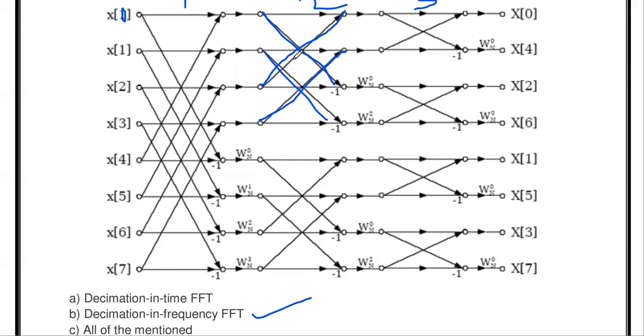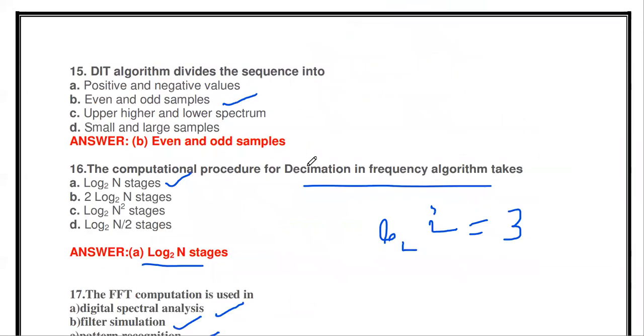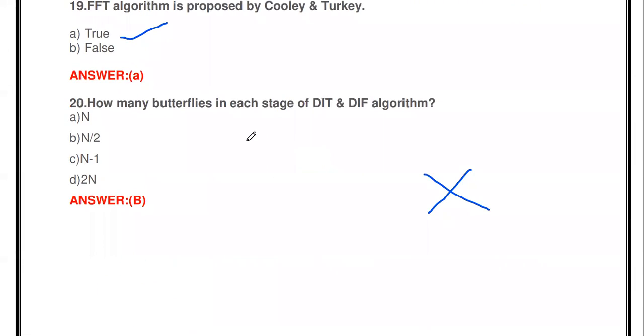Similarly here 2 butterflies. So how many butterflies in this stage? 4 butterflies. Similarly here 1, 2, 3, 4. So each stage has 4 butterflies. If it is an 8-point DFT, 8 divided by 2 is 4. So the number of butterflies in each stage of the DIT and DIF algorithm is n divided by 2.